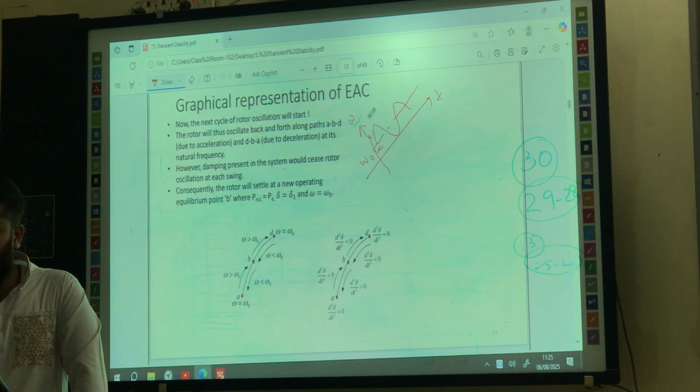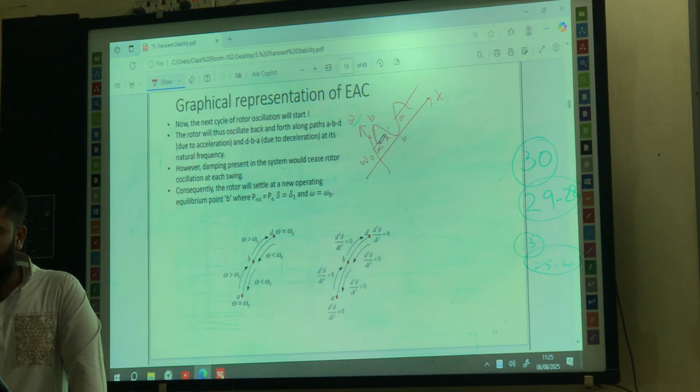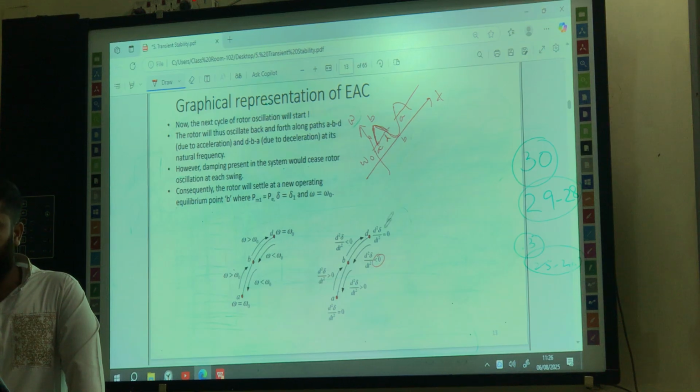This is point A, point B, point D, again point A, point B. From A to B, the acceleration is positive. From B to D, there is deceleration, so it is negative. Again from D to B, it is negative, then from B to A it is positive again. And obviously at these two points there is no acceleration.